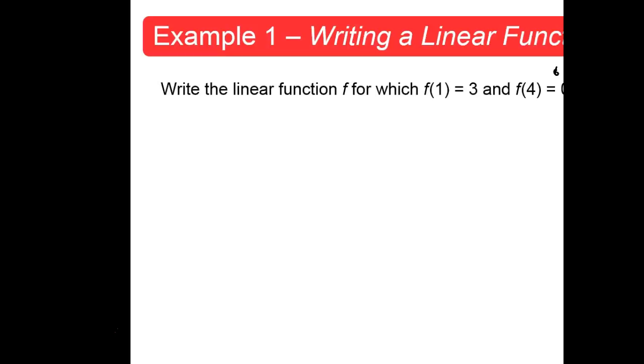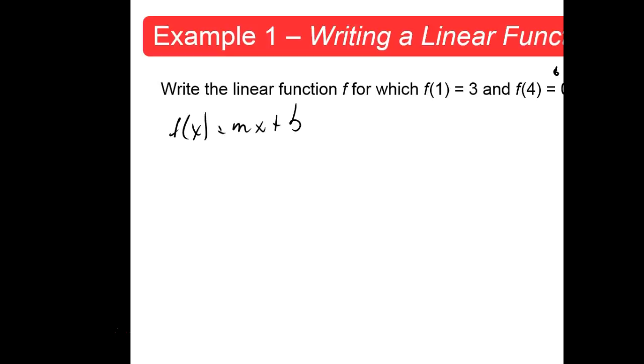We want to write that linear function. f of x is y is equal to mx plus b. So in order to write that linear function, we need values for the m and the b, right? Because those are our constants. x is your variable, y is your variable, okay?